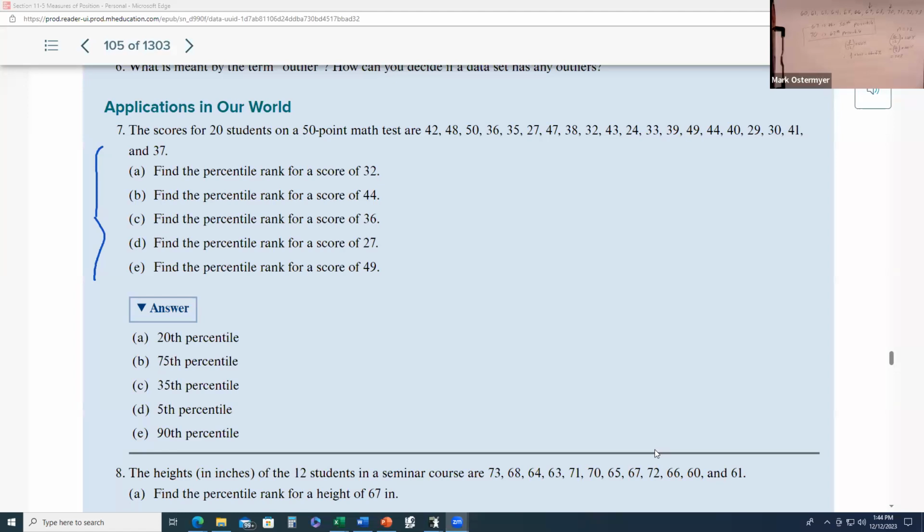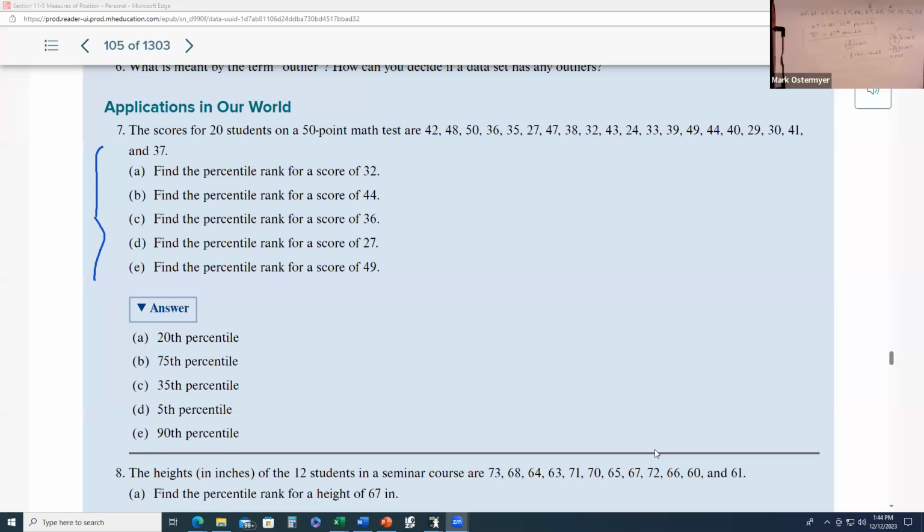How about for a score of 44? Anybody get that percentile rank? If you scored 44 on this exam, where are you in the percentile rank? I got 70th percentile.